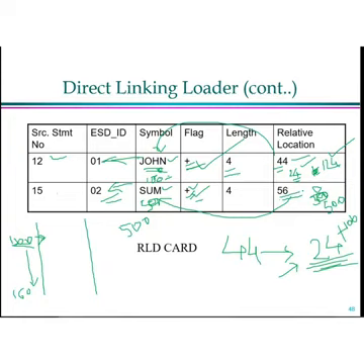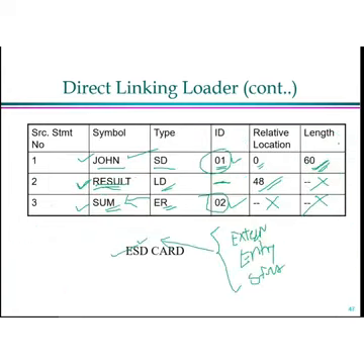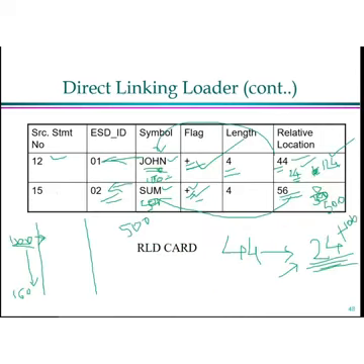Ma'am, but what is the use of ESD ID? ESD ID, whenever your loader loads, this is only an information given by assembler. Direct linking loader I have not yet explained. Working of direct linking loader. So when you are going to work on direct linking loader, this ESD card and the RLD card, these two are combined.